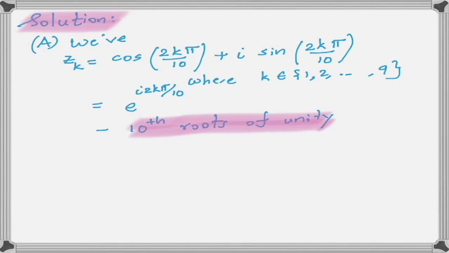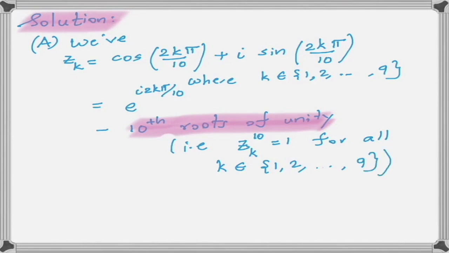What do we mean by this? This means that the 10th power of Zk is equal to 1 for all k belonging to 1, 2 and so on up to 9. There are many properties of these roots of unity which are well known. We will recall these properties as and when required.